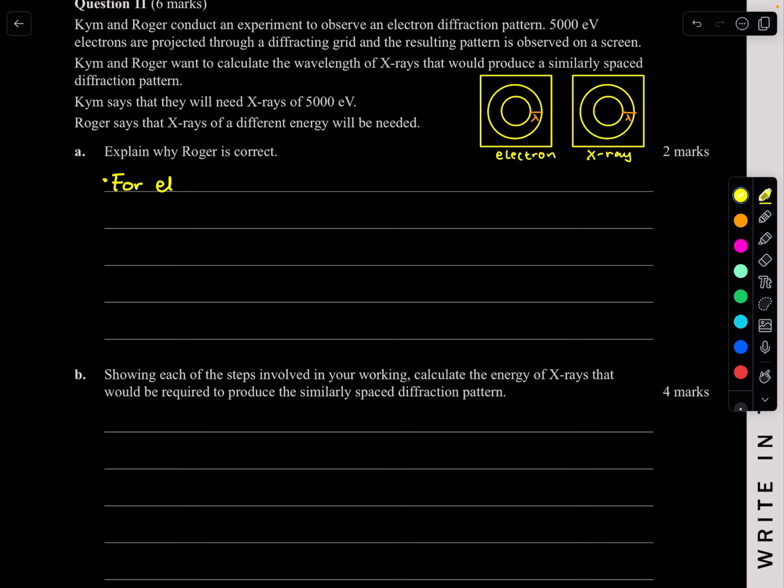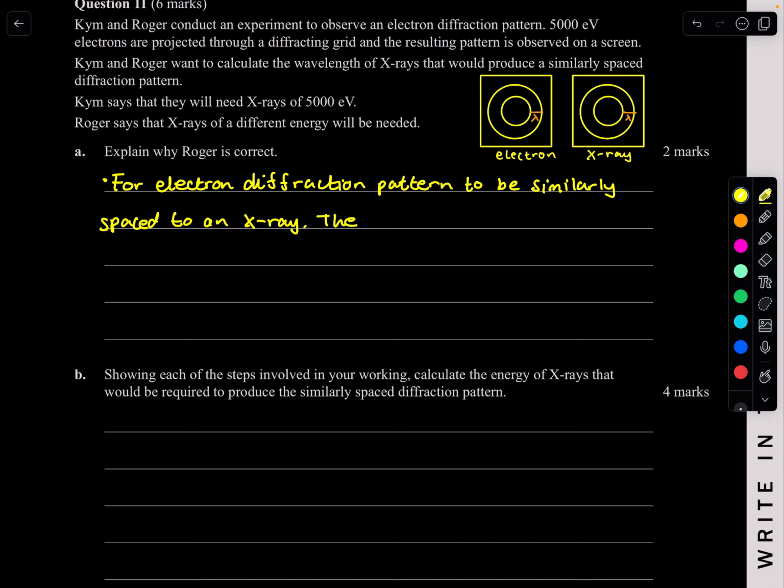For an electron diffraction pattern to be similarly spaced to an X-ray's, the wavelength and momentum must be the same for both.